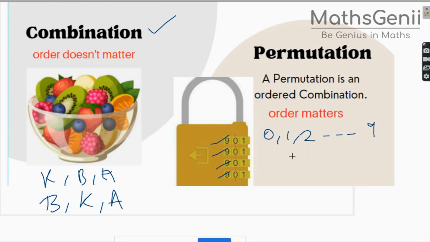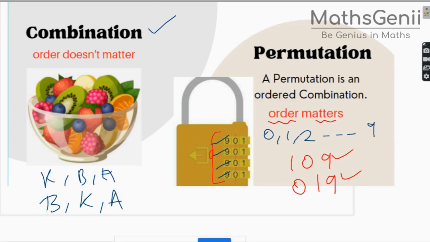If I put the password as 109 or 019, will the lock open? No, right? So permutation is nothing but ordered combination. These are all combinations, but the ordered combination, which is the permutation, is going to open the lock. Here the order matters, and in combination the order does not matter.